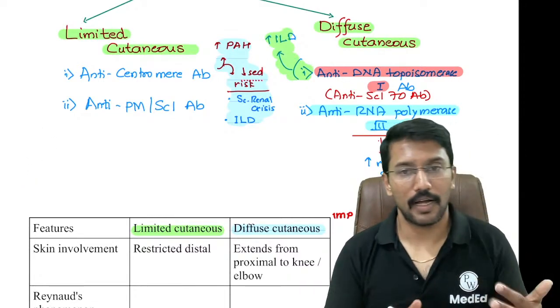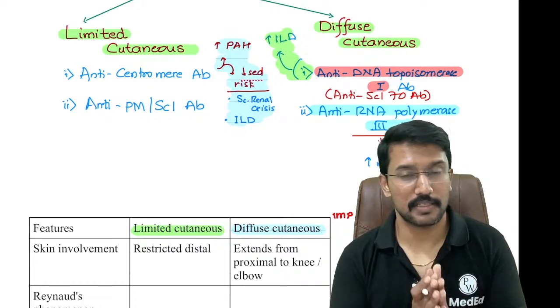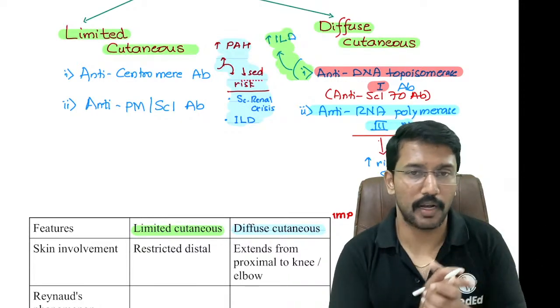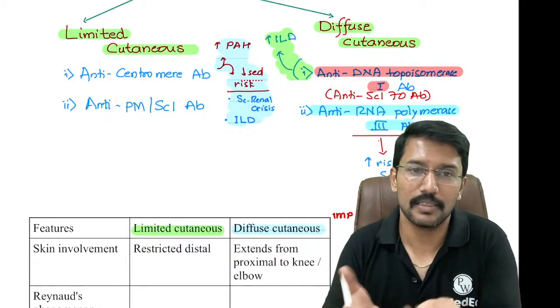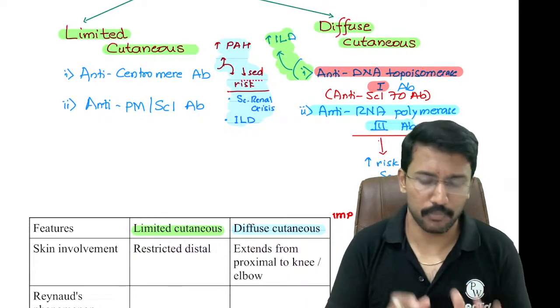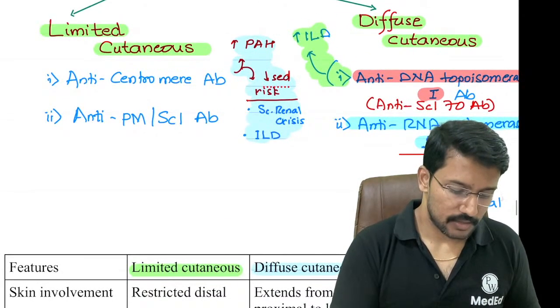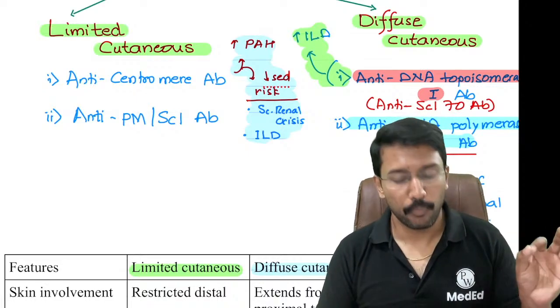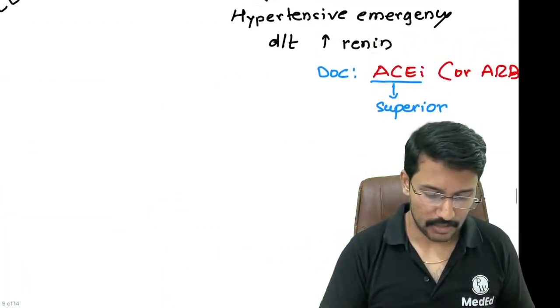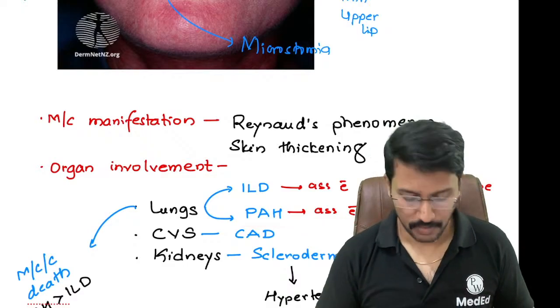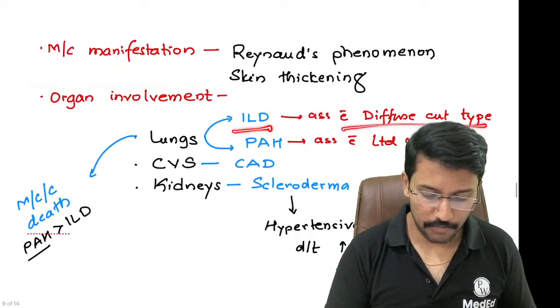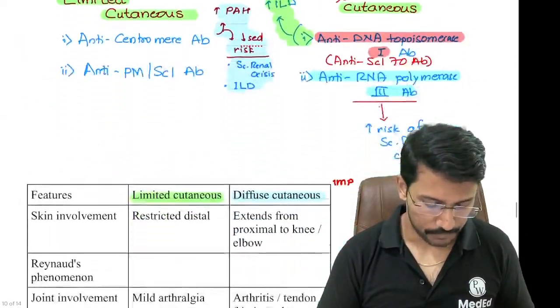Apart from that, they will ask you, if I have a patient with systemic sclerosis and the anti-centromere antibody is positive, then which organ involvement does it show a higher risk of? That is pretty simple. The limited cutaneous is associated with increased risk of pulmonary arterial hypertension, as I have already mentioned. And ILD का risk diffuse cutaneous में ज़्यादा होता है.